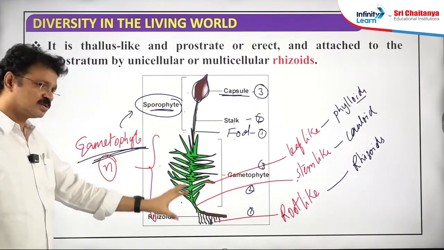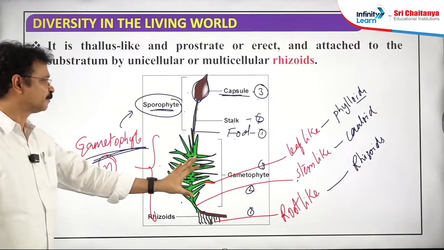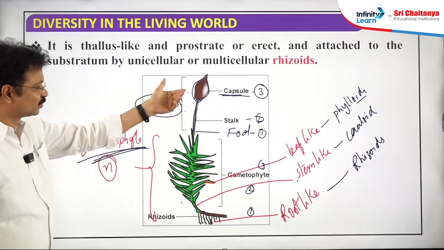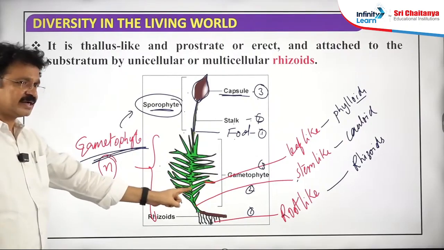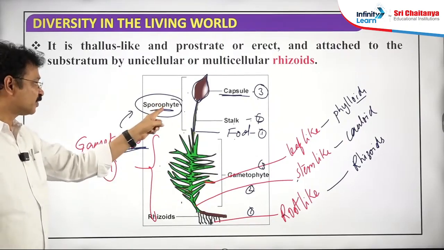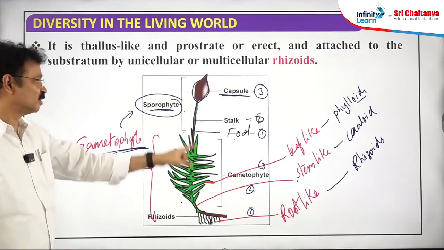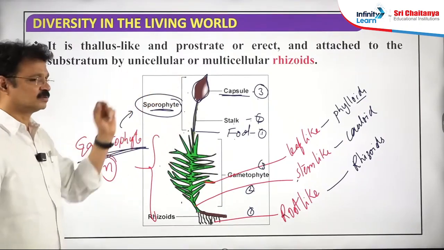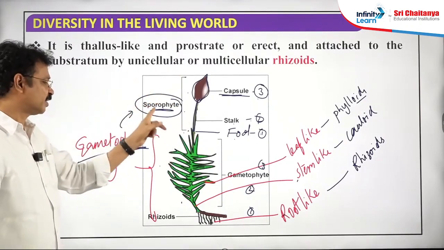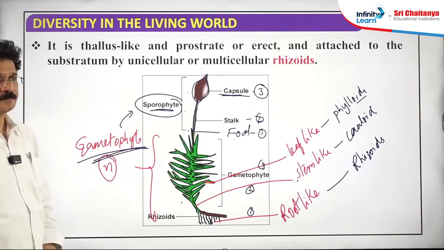One similarity between gametophytes and sporophytes: the gametophyte is differentiable into three parts, and it is photosynthetic. The sporophyte is also differentiable into three parts, but non-photosynthetic. The gametophyte is independent and dominant. The sporophyte is dependent on the gametophyte. It is a non-photosynthetic structure, unable to survive on its own, depending on the gametophytic generation only.